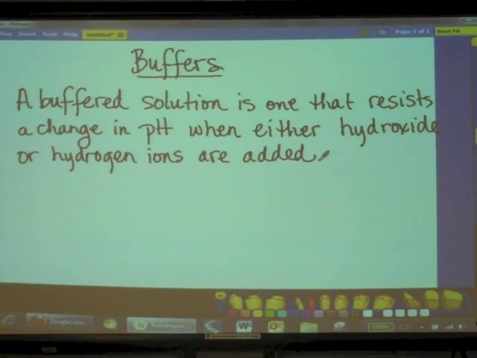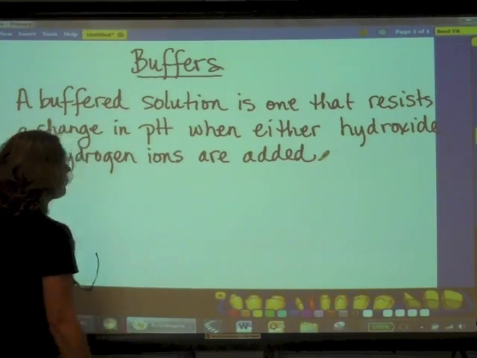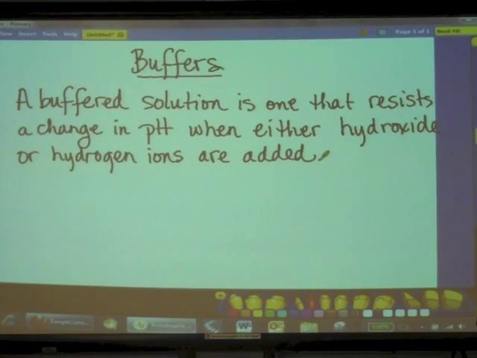Our topic today is buffers. A buffered solution is one that resists a change in pH when either hydroxide or hydrogen ions are introduced into the solution.